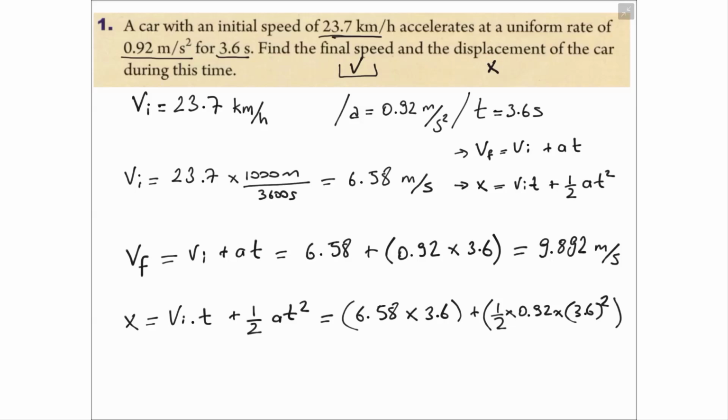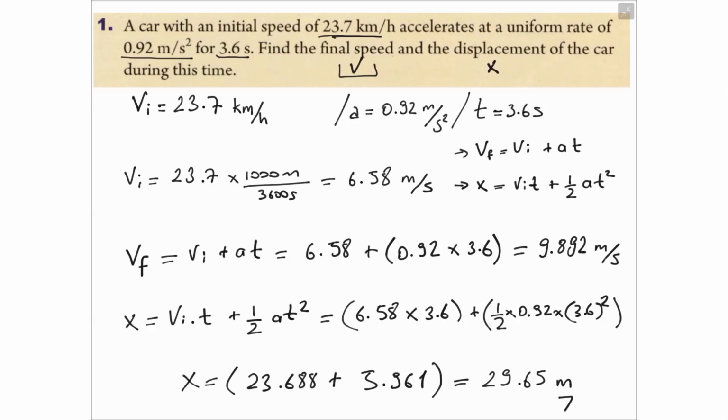Then x gonna be 6.58 times 3.6 is 23.688 plus 5.961, and then finally our answer gonna be 29.65 meter. Thanks for listening.